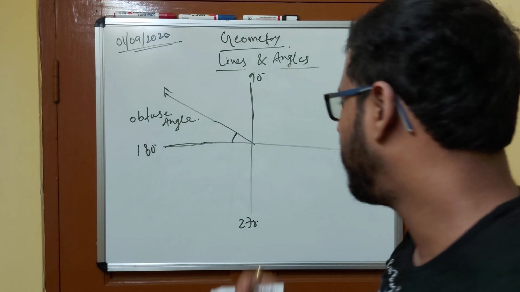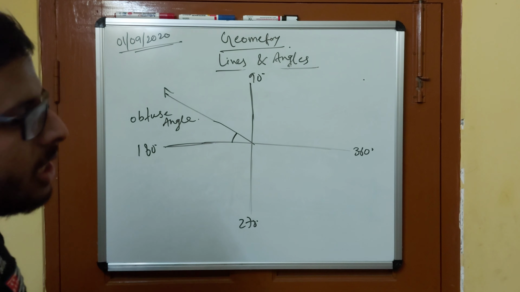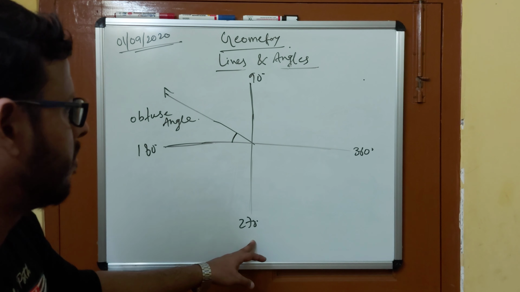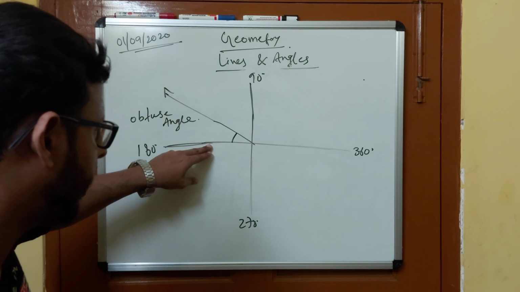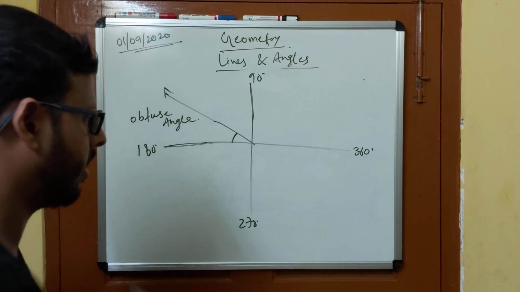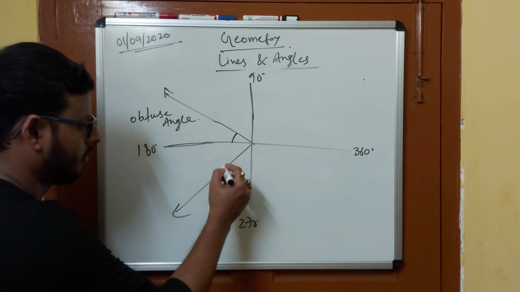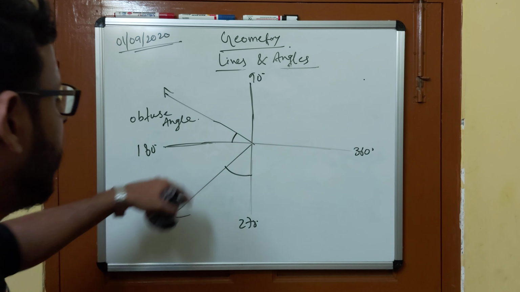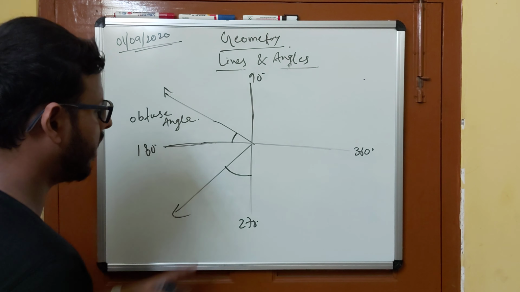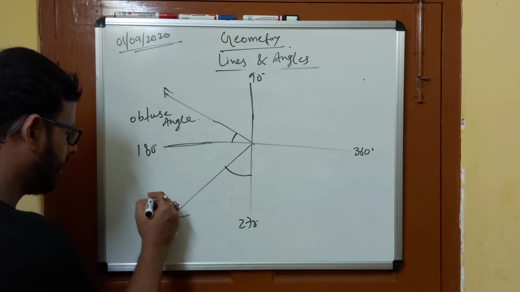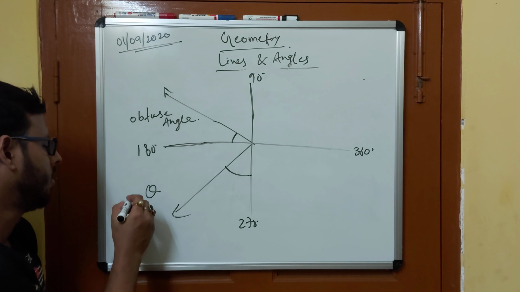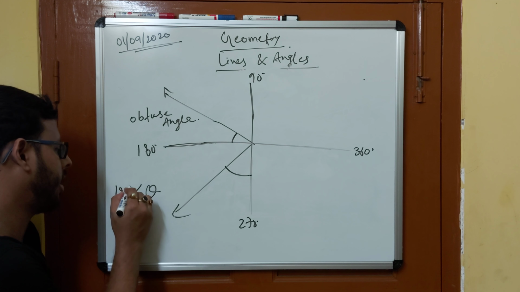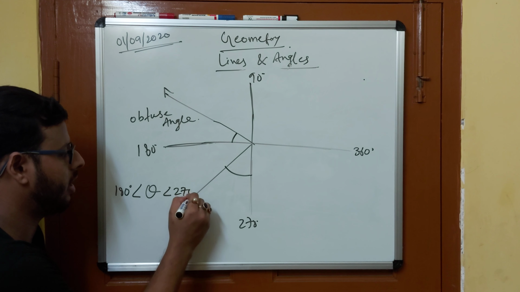Okay, similarly, if we draw any angle which is greater than 180 degree but less than 270 degree, mind it, the angle will be greater than 180 degree but less than 270 degree. Let us say this is the angle. If we write the angle as theta, then theta will be greater than 180 degree but less than 270 degree.